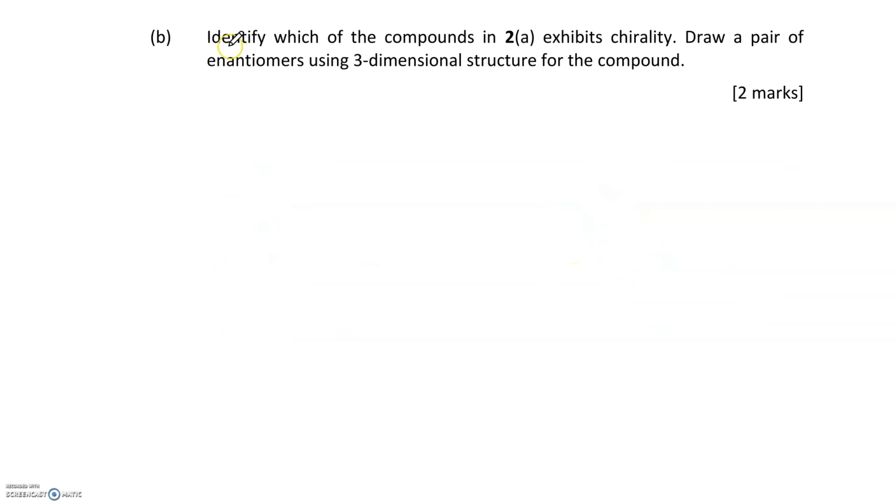Question 2b. You are asked to identify which of the compounds in 2a exhibits chirality, and then to draw a pair of enantiomers using 3-dimensional structure for the compound.